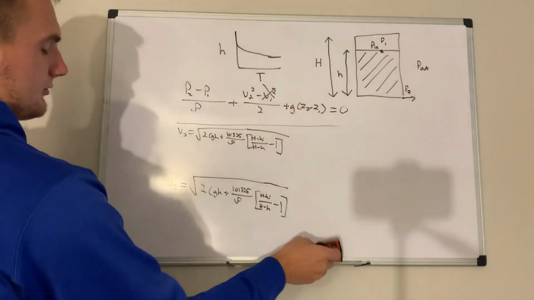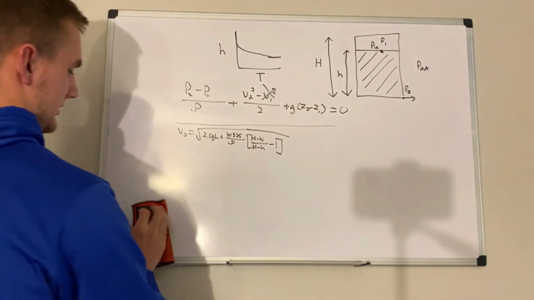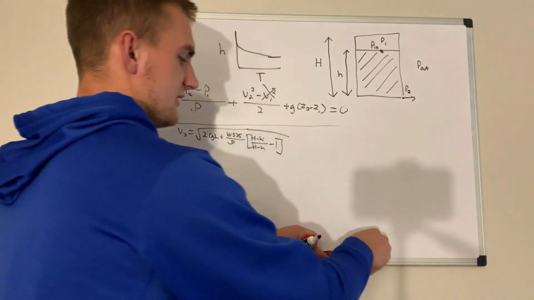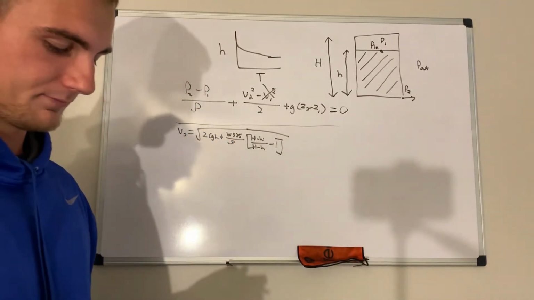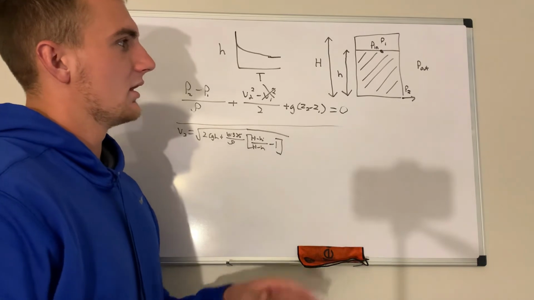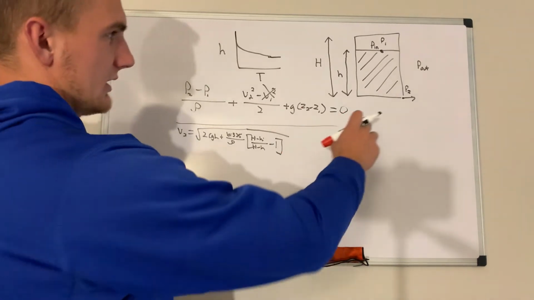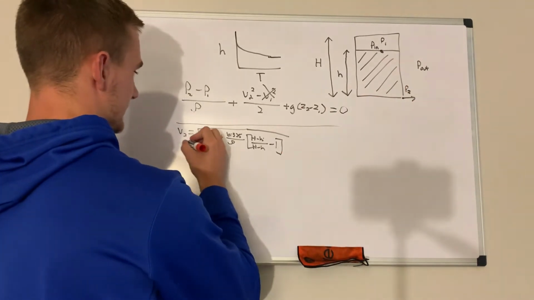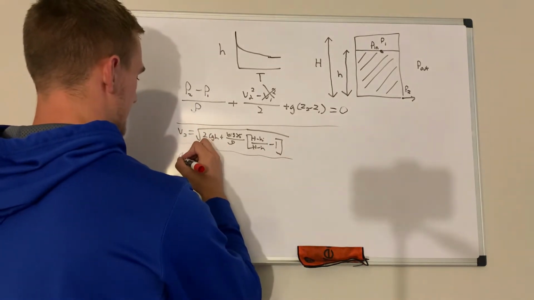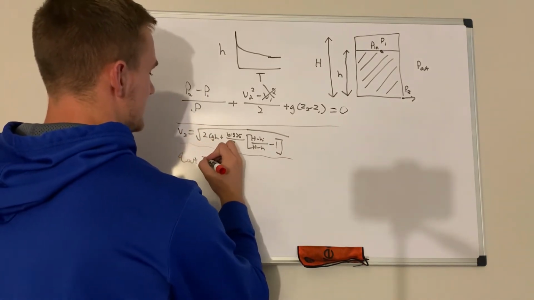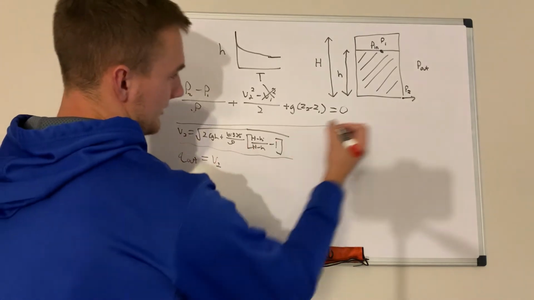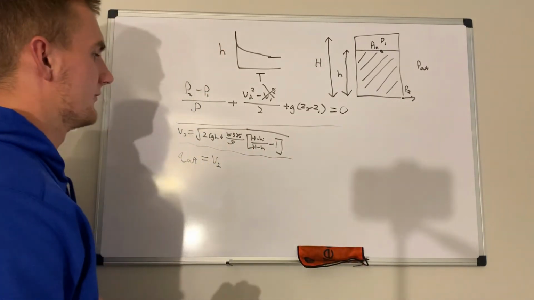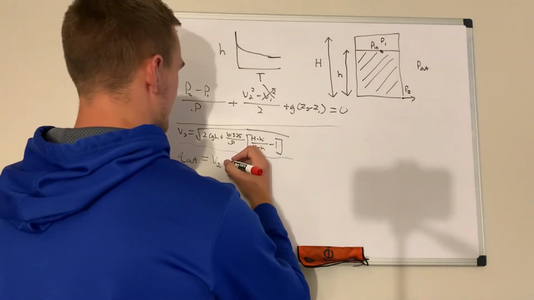Okay, so now we want to get to how the height of the fluid changes with time. Well, what we can say first is the flow rate going out. So the flow rate going out, Q out, will be equal to V2, because we're at this position here, the velocity going out, times the cross-sectional area.